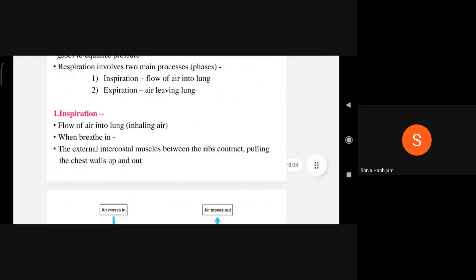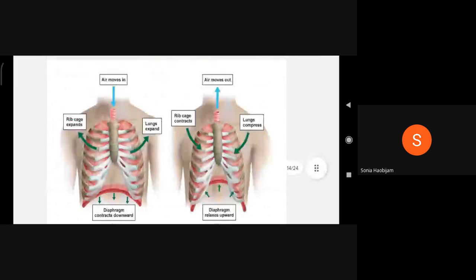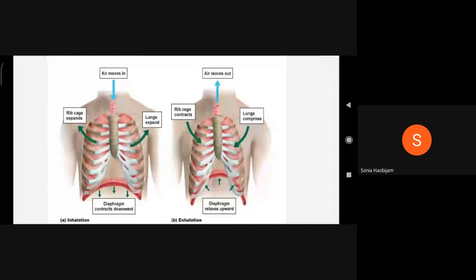Okay, now see this picture. When air moves in, the rib cage expands and the lungs expand, and when air moves out, the rib cage contracts and the lungs compress.